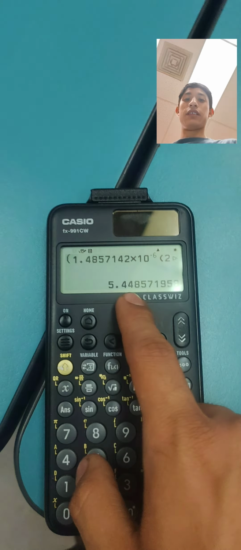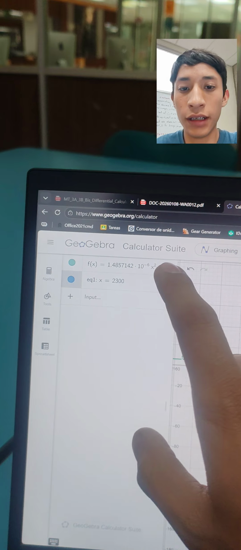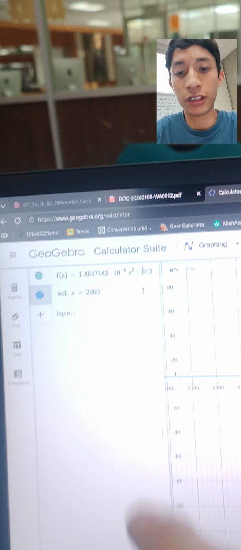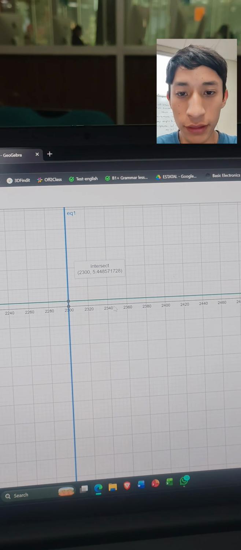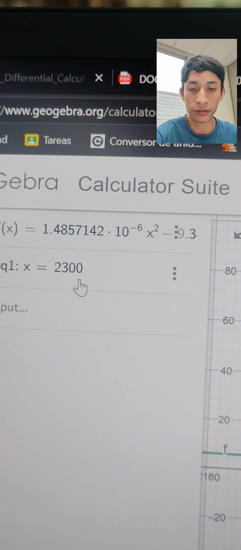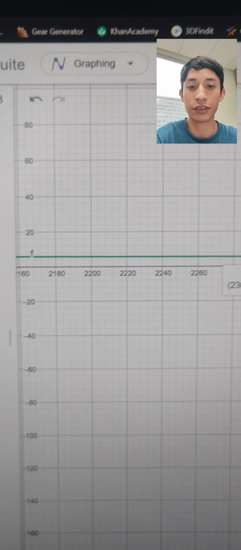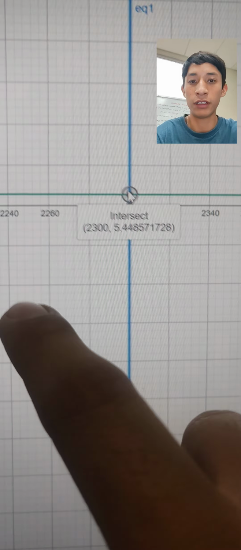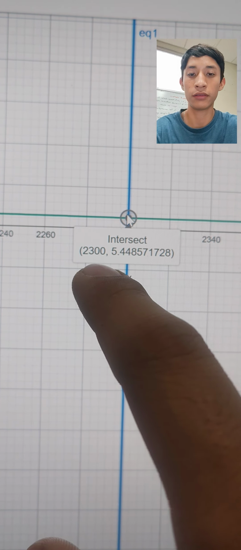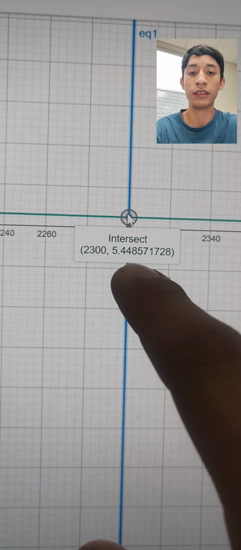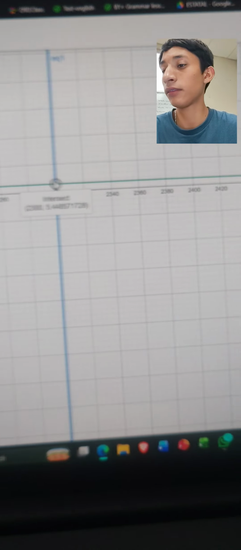And comparing with the result that I obtained in my calculator, and writing that expression in GeoGebra, I obtained that when x is equal to 2,300, we have this point of intersection with the function, and when x is equal to 2,300, this is almost the same. Well, that's the same as my calculator.